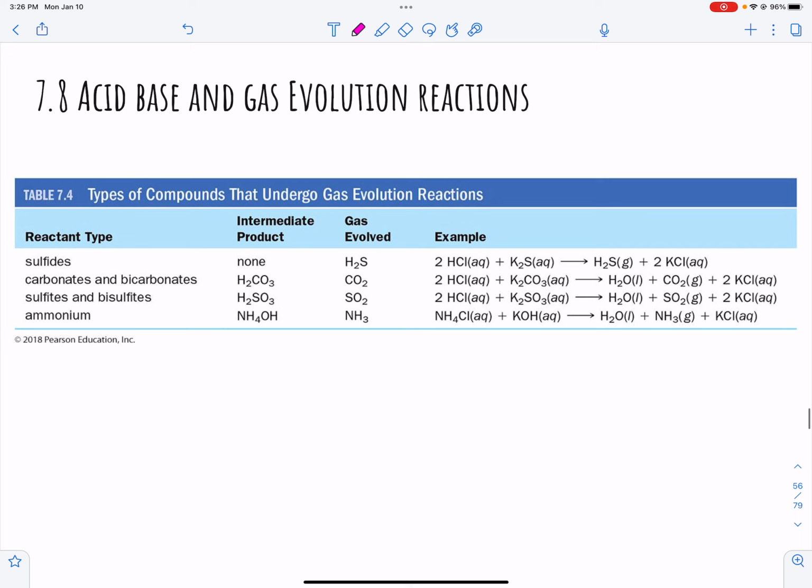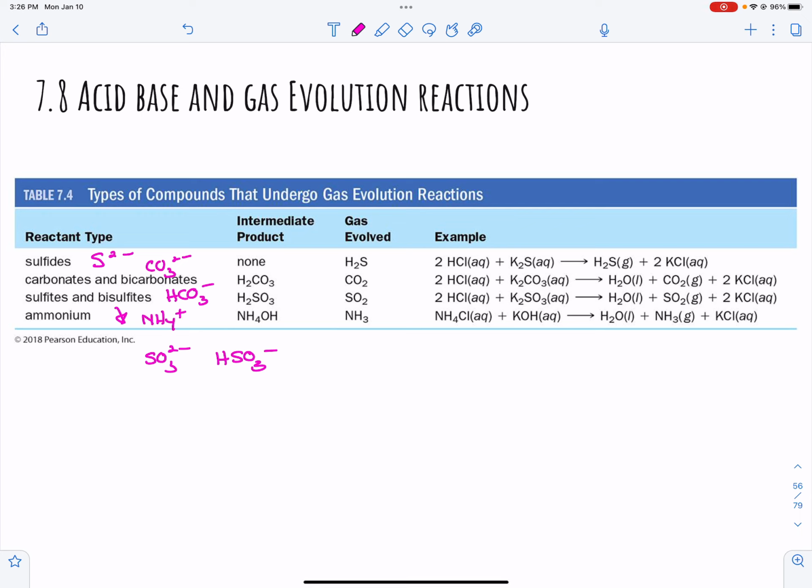So here are compounds that undergo gas evolution reactions. So if you have a sulfide ion, a carbonate, or bicarbonate. Bicarbonate is hydrogen carbonate. Sulfites and bisulfites. Sulfite is SO3 2-, bisulfite is HSO3-, and ammonium, remember, is NH4+.